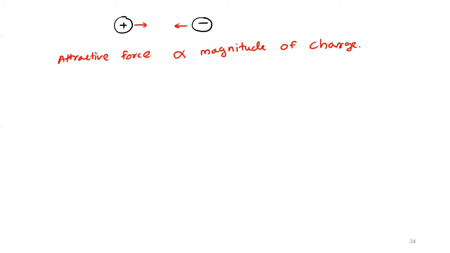What that means is that if you consider a 1 plus charge and a 1 minus charge attracting towards each other, with respect to a 2 plus charge and a 2 minus charge, the force associated with the second situation can be much stronger.